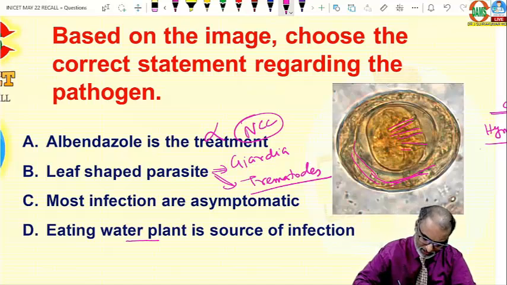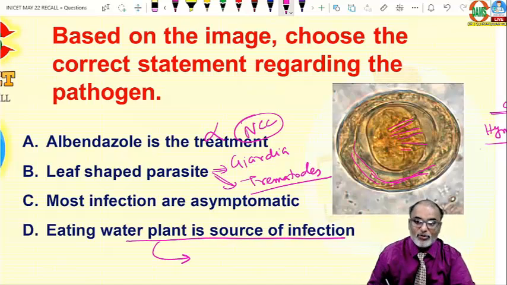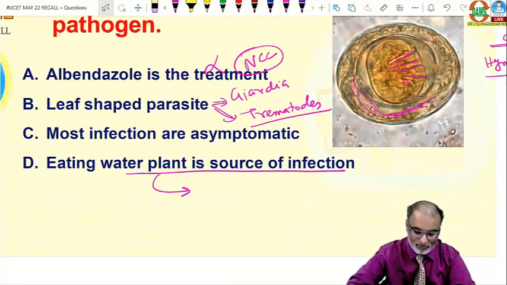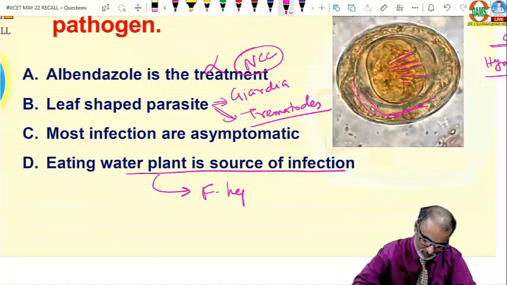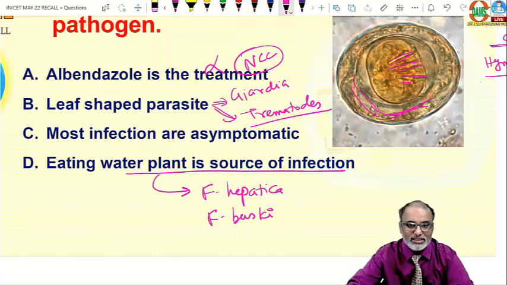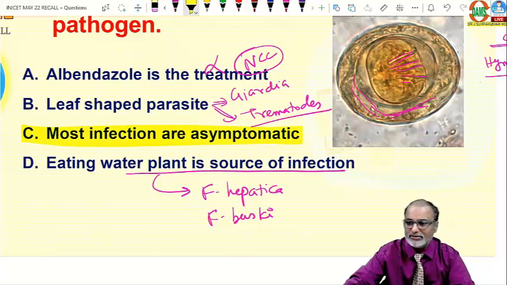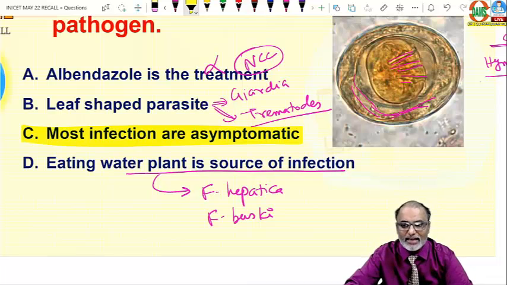Eating water plants is the source of infection. The aquatic plant is Fasciolopsis buski or Fasciola hepatica, where the aquatic plant is the second intermediate host. And here the appropriate option is most infections are asymptomatic.